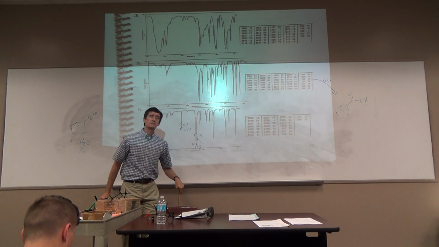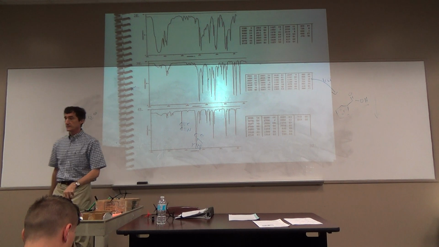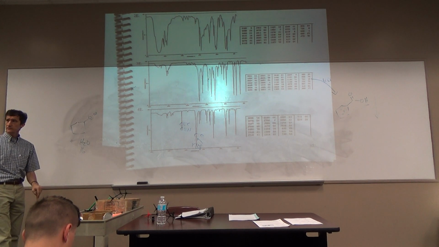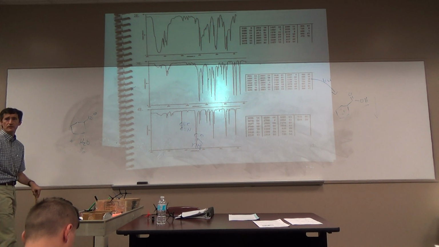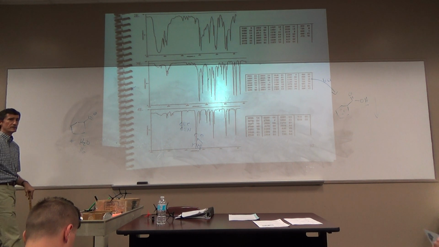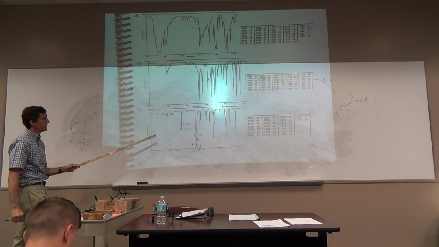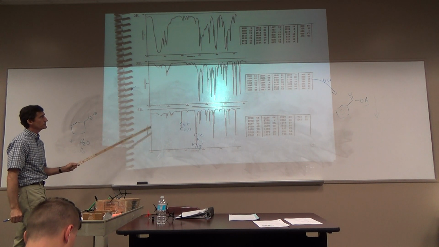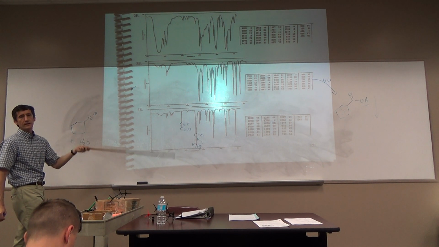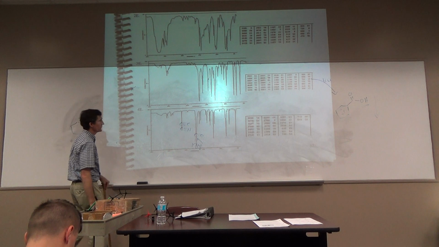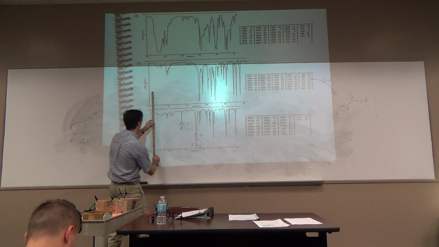Okay, 2230 to me means it's the C triple bond N, because usually the C triple bond C tends to be below 2200, like 21 something. That's a fine detail you may not know. Also, is there even a carbon-carbon triple bond up there? Alkyne? So I know it can't be it. It has to be a C triple bond N, right?